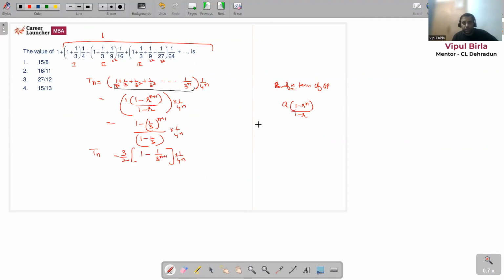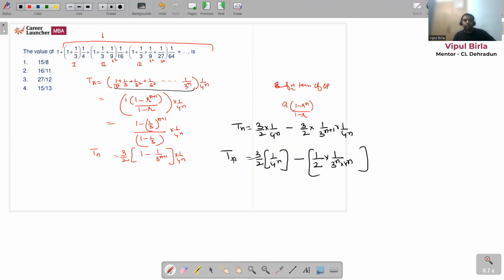Just simplify this Tn: 3 by 2 into 1 upon 4 to the power n, minus 3 by 2 into 1 upon 3 to the power n plus 1 into 1 upon 4 to the power n, which is nothing but 3 by 2 into 1 upon 4 to the power n minus, this 3 will cancel, and we end up getting 1 upon 2 into 1 upon 3 to the power n into 4 to the power n. Right. So that is the simplified form of Tn.